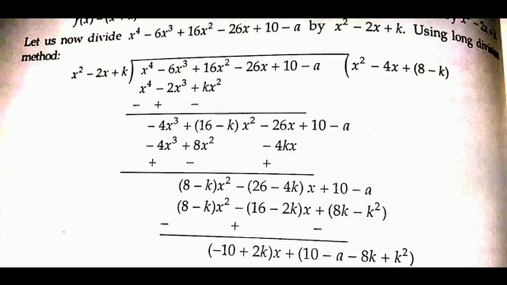When 8 minus k is multiplied with the terms of the divisor, we have (8 minus k)x square minus (16 minus 2k) into x plus 8k minus k square, and we are left with, just check the remainder, what we are left with: minus (10 plus 2k) into x plus 10 minus a minus 8k plus k square.